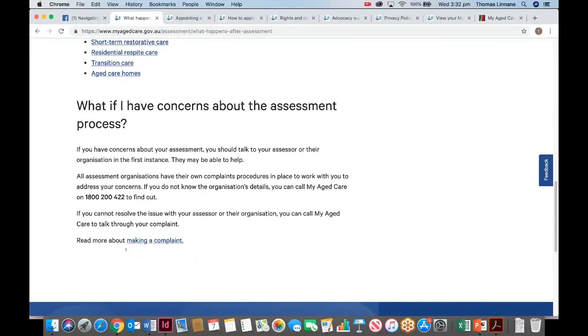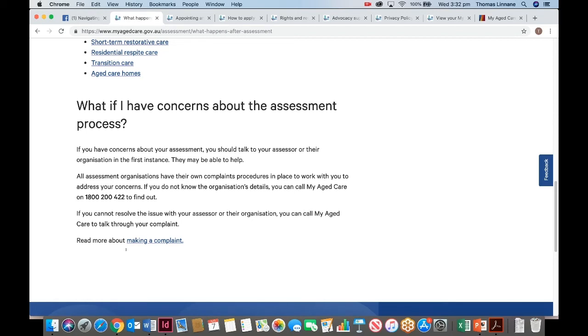So when we've talked about the support plan and the assessor leaving their contact details, you may also have some concerns that you need to discuss with the assessor after your assessment. I think assessment organisations are very happy to talk to you if you've got any worries or concerns about your assessment process.